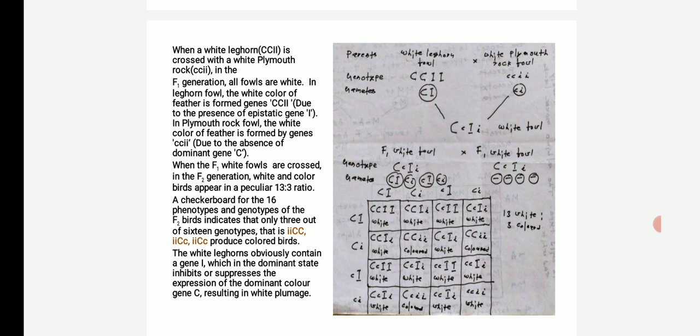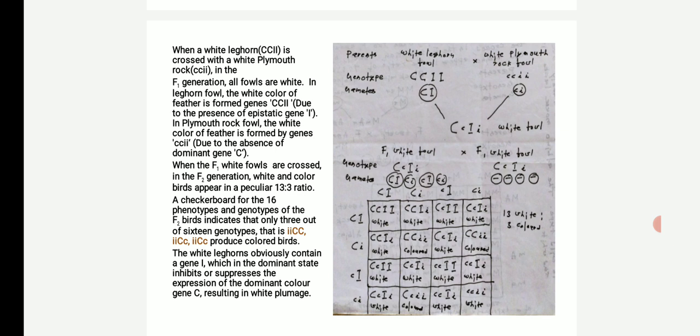When the F1 white fowls are crossed, in the F2 generation white and colored birds appear in a peculiar 13:3 ratio. That is, 13 white birds appear and 3 colored birds appear.